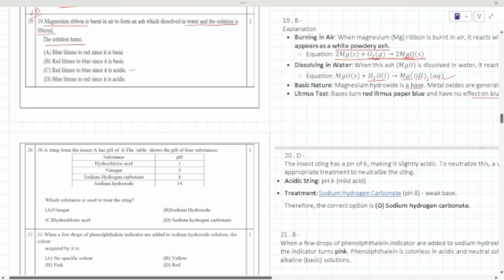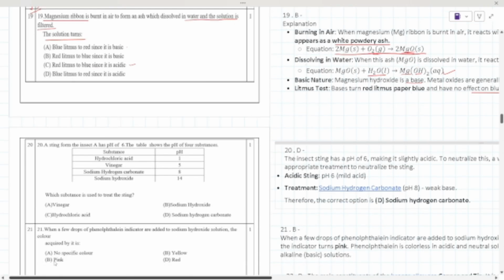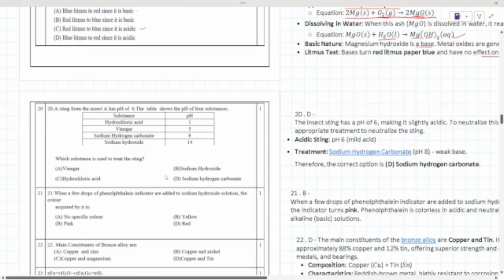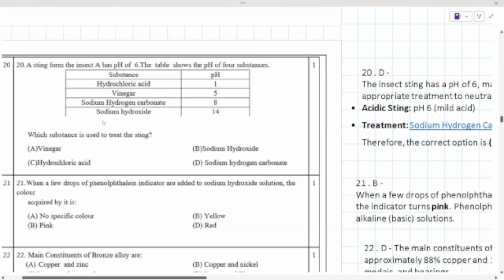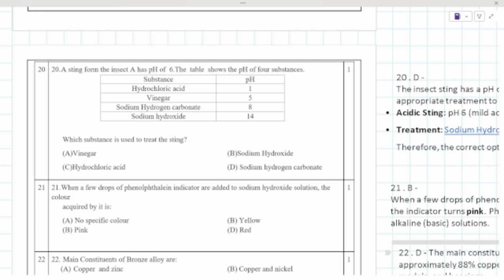Yes. Okay, let's continue. As we have done till the 19th, is there any doubt? Okay, now let's see.